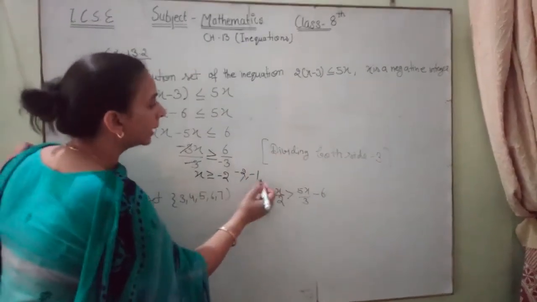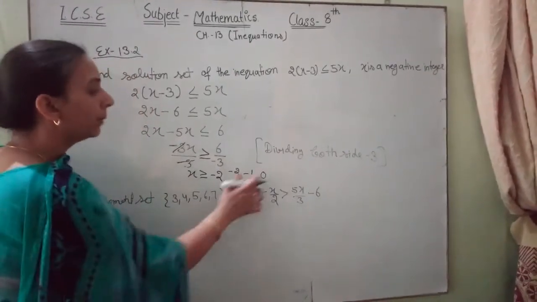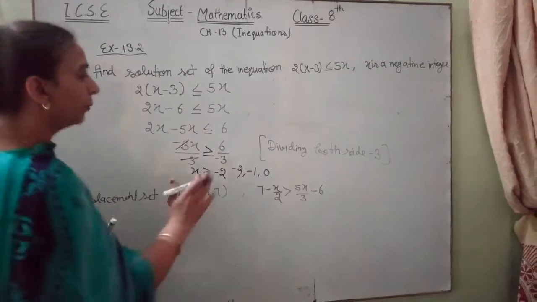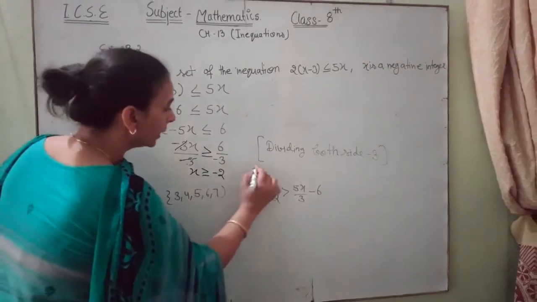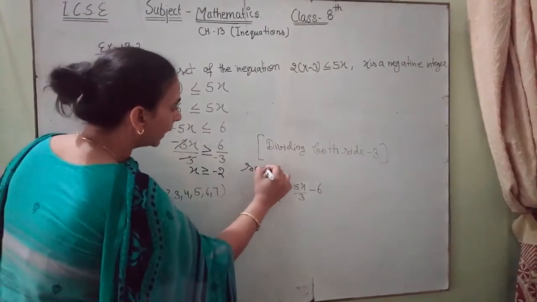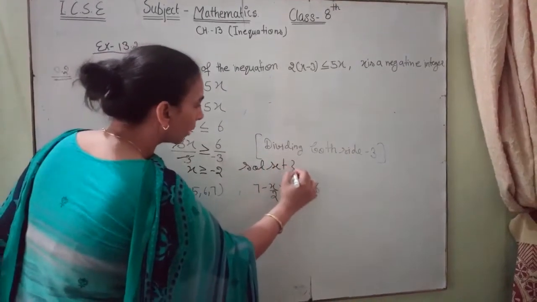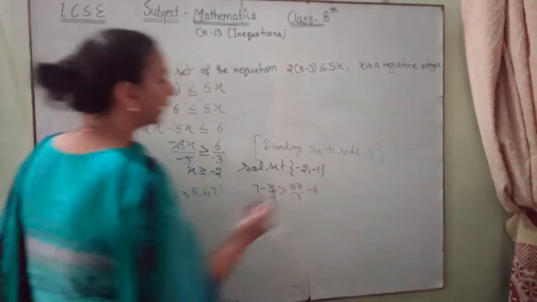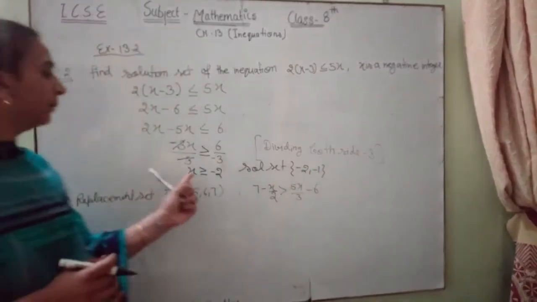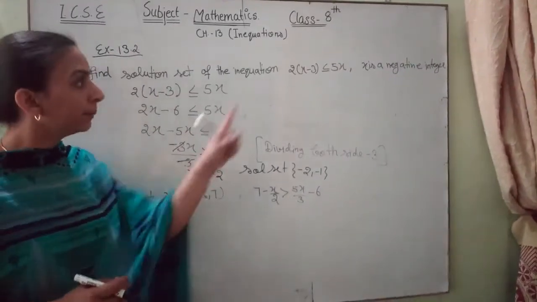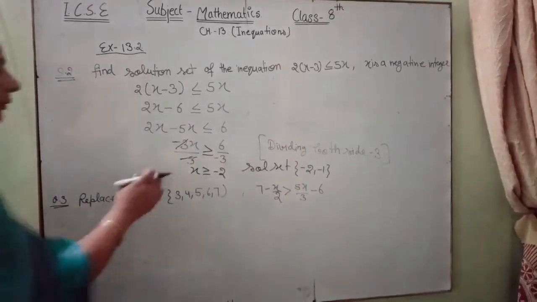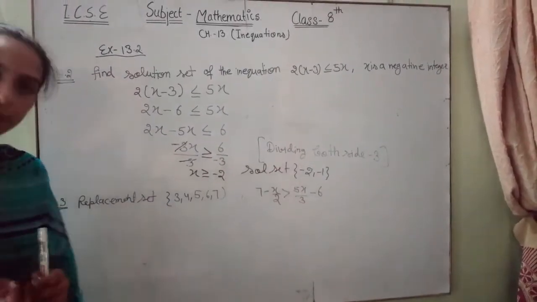Greater than that is 0, but 0 is not a negative integer, so we do not take it. In the solution set, there are only two elements, minus 2 and minus 1, because everything greater than these is positive, but we find only negative integers. So our solution set is minus 2 and minus 1.